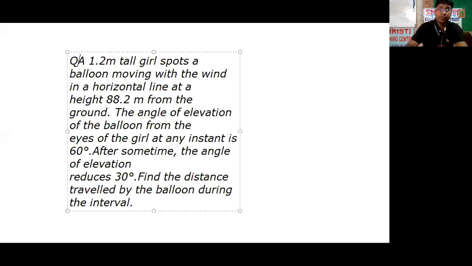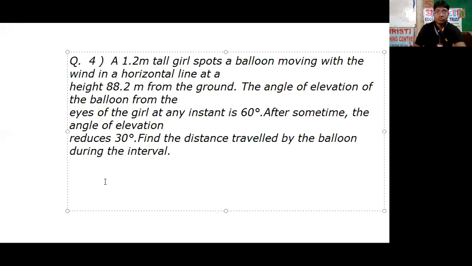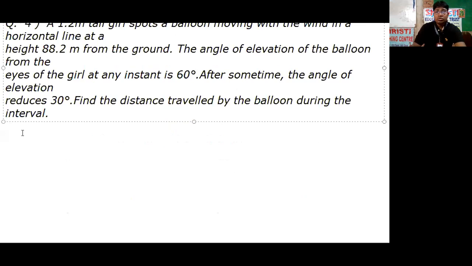That means question number 4. So this is question number 4, and you can observe how this question can be solved. This is not so tough. You only have to proceed by the process.